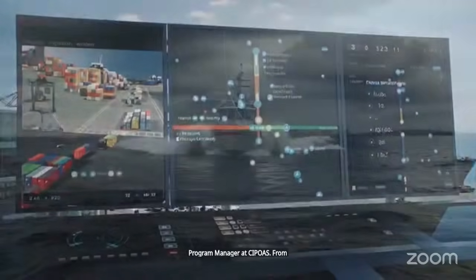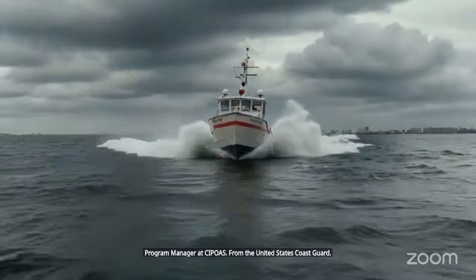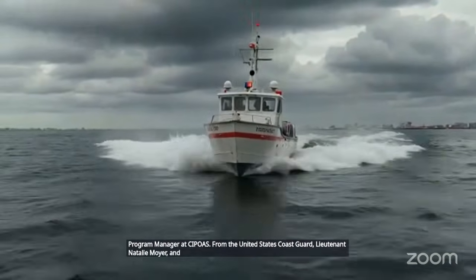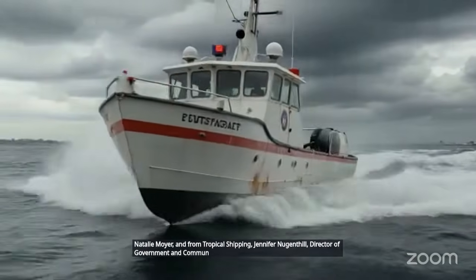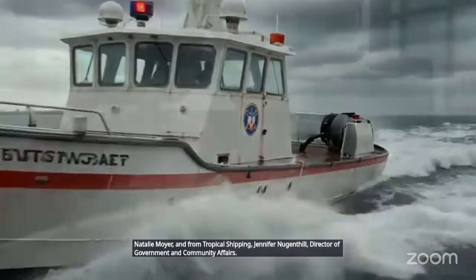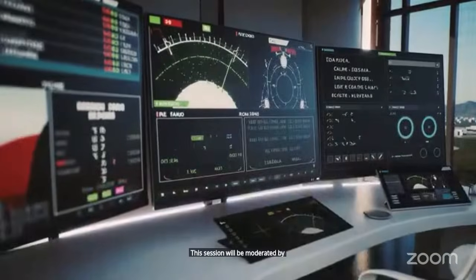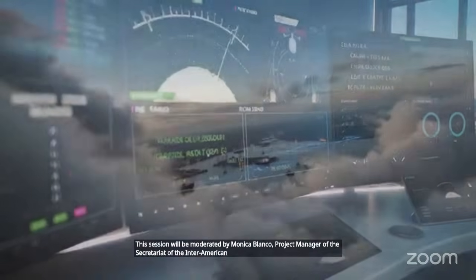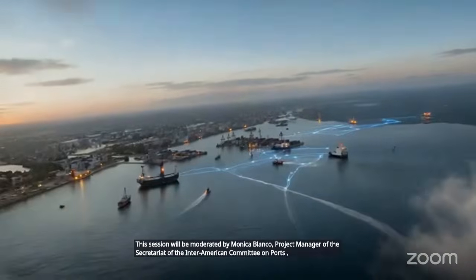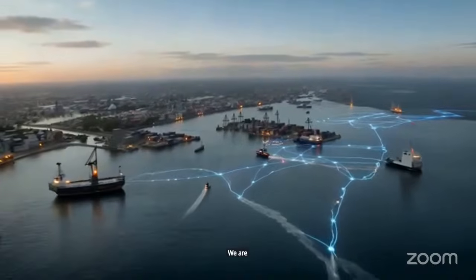From the United States Coast Guard, Lieutenant Natalie Moyer, and from Tropical Shipping, Jennifer Nugent-Hill, Director of Government and Community Affairs. This session will be moderated by Monica Blanco, Project Manager of the Secretariat of the Inter-American Committee on Ports, CIPOS. We are glad you are here.